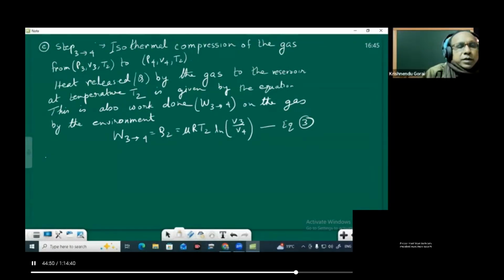And the fourth step is adiabatic. I already told you, step 4 to 1.